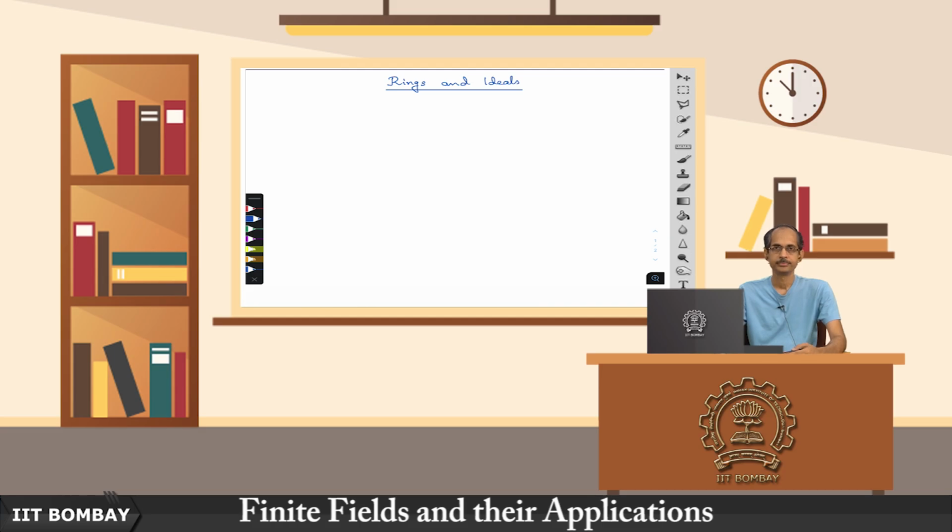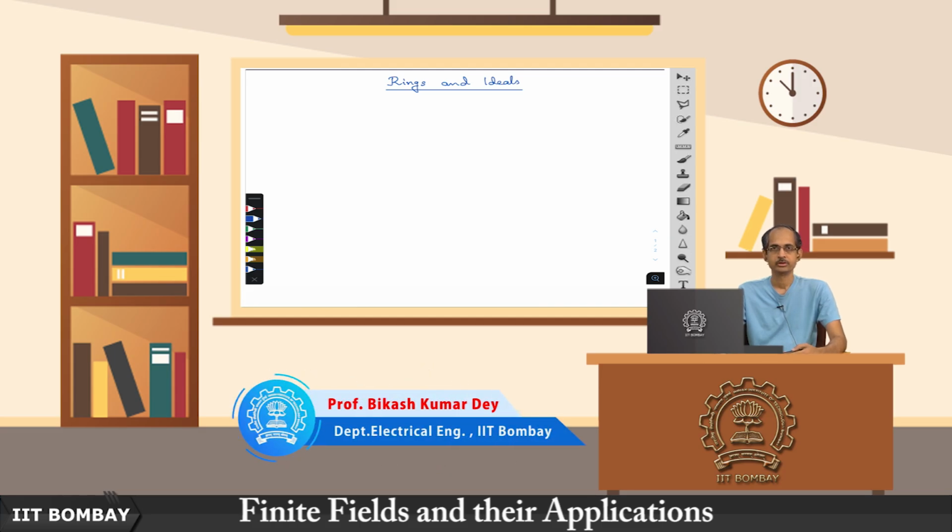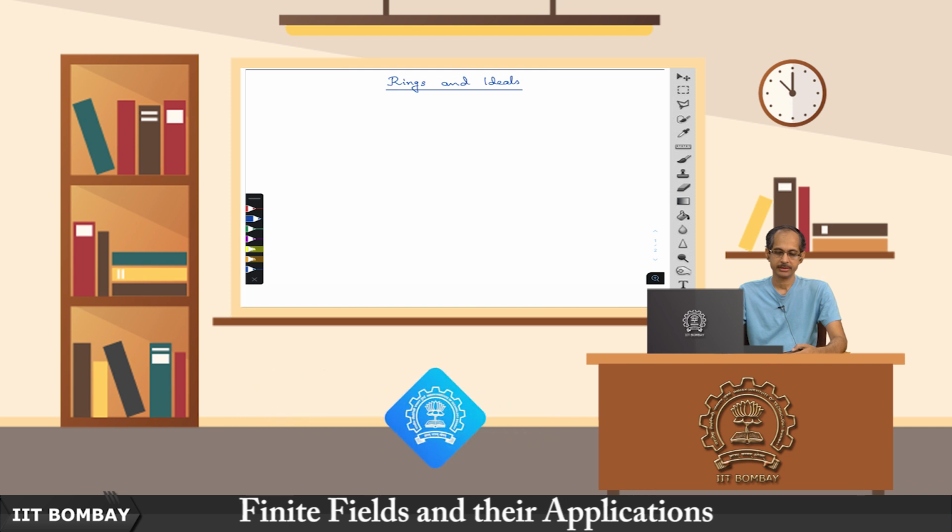Hello everyone. In this class, we will continue our discussion on rings and ideals. We have seen in the last class a very important result called the ring homomorphism theorem, which says that if we have a ring homomorphism F from one ring R1 to another ring R2, then we can think of F in two steps.